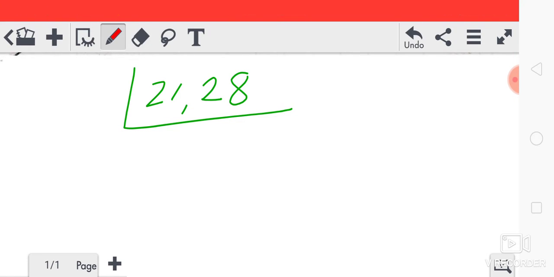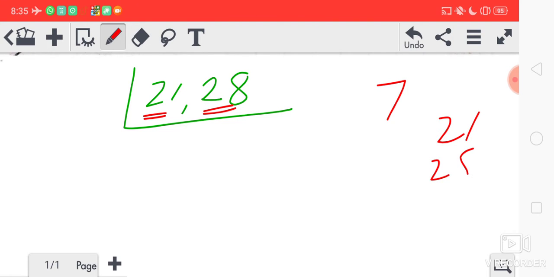And we'll see whether 21 and 28 both come in any number's table. Do we get any number whose multiples include both 21 and 28? Is there any number? Yes, 7 is the number. 7 3s are 21 and 7 4s are 28. Do we get it or not? Yes.